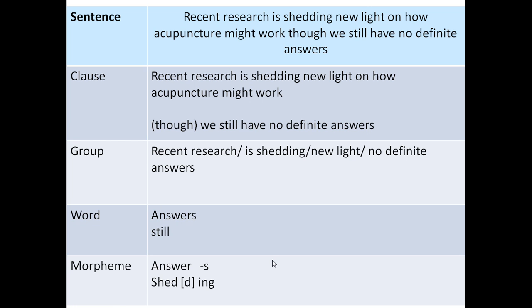And then we have morphemes. These are only two examples. Answer, z, shed, in. You see here the second D shown in brackets because, you certainly know, this is orthographic. It's just a matter of spelling convention.